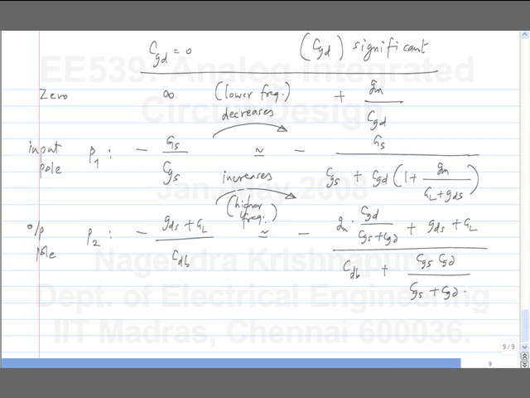So this phenomenon is known as pole splitting with increasing CGD.